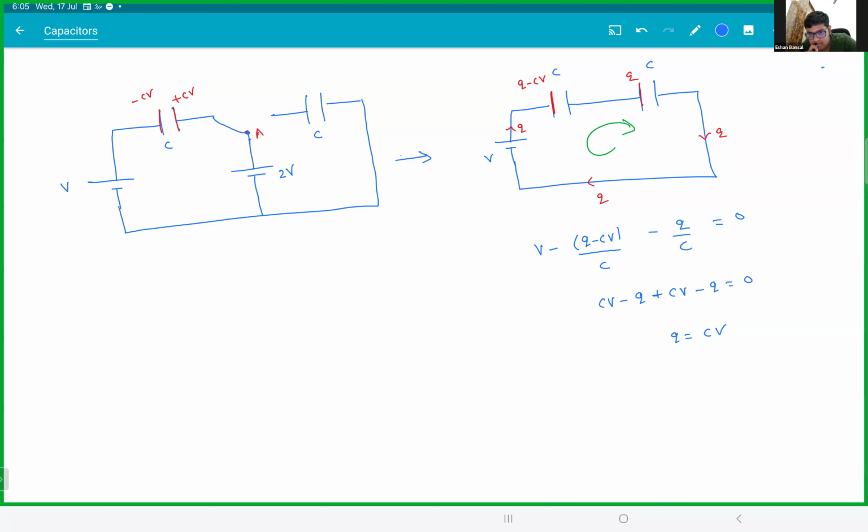Initially, it is connected to A, so that is CV. Okay, zero is fine, that is not a problem. Q is equal to CV. No, I'm just checking the calculations right now. Yes, sir. I didn't want it to be zero actually, but okay.